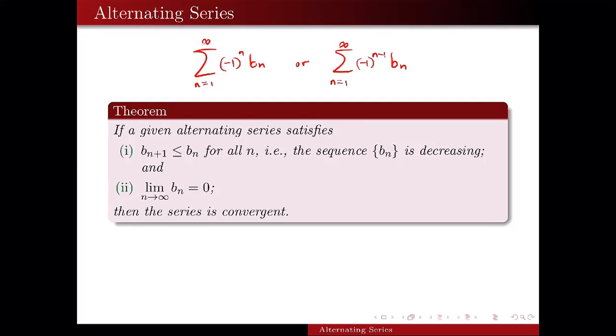If a given alternating series satisfies this, bn plus 1 less than or equal to bn, this means that these terms here are decreasing, and the limit of bn as n approaches infinity is equal to 0. So it is not only decreasing, but it goes to 0. Then the series is convergent.